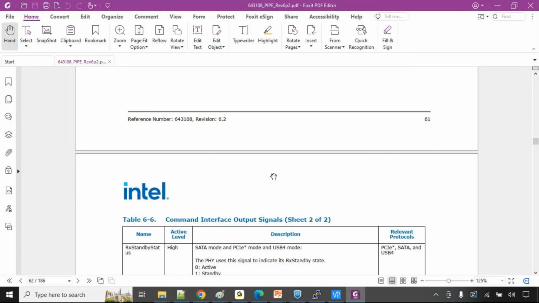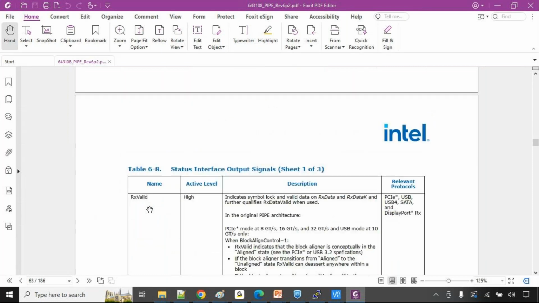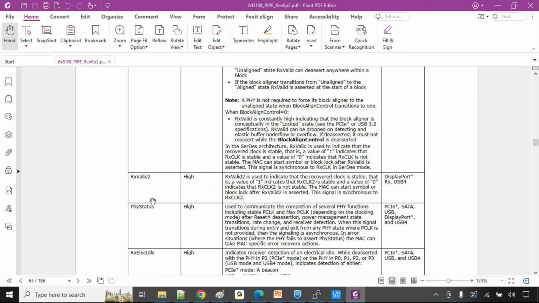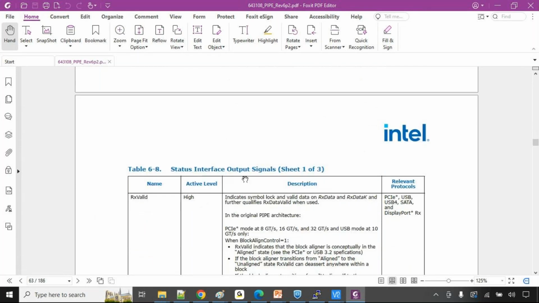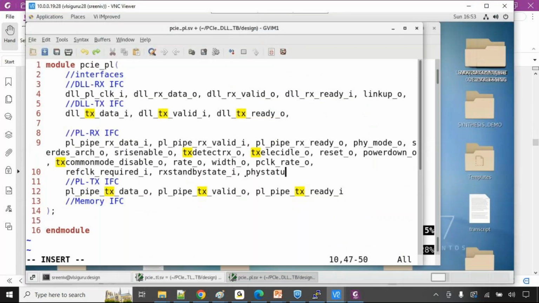And what else? I think the remaining things, RX valid, we have discussed. RX valid is required. PHY status can be one of the things that comes. RX electrical idle, and these are all output signals from the pipe, so for me they are input. PHY status is an input.